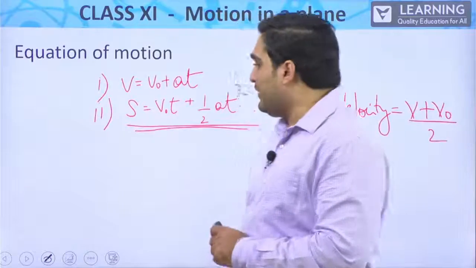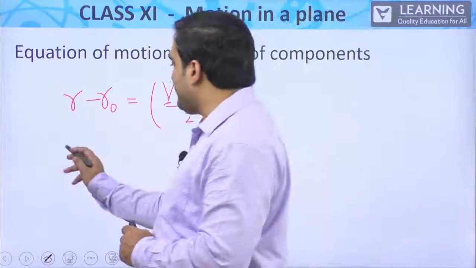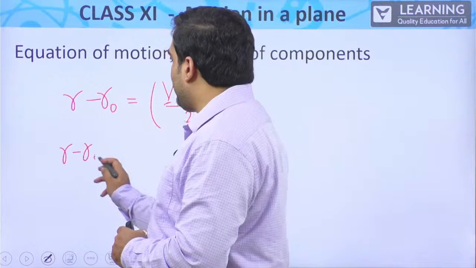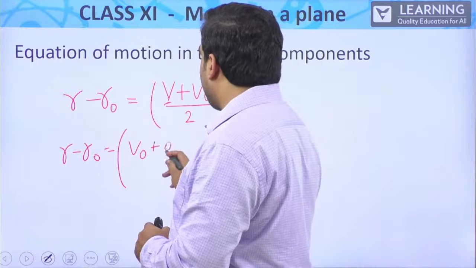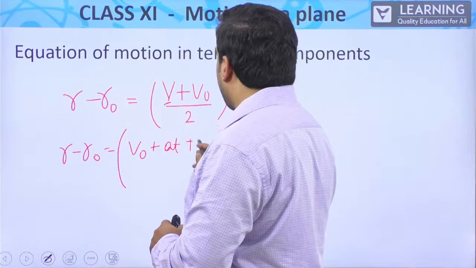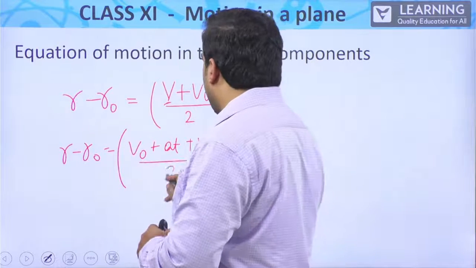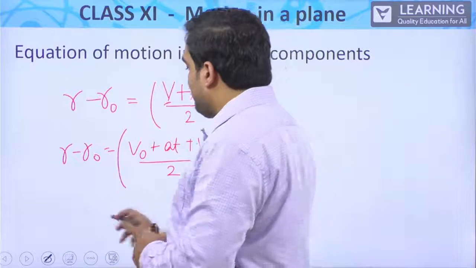So in place of v, we will substitute v naught plus at, plus v naught, divided by 2, times t.